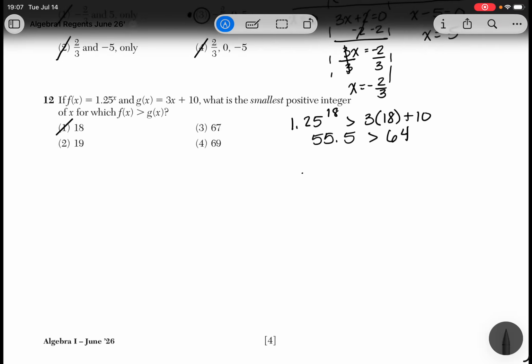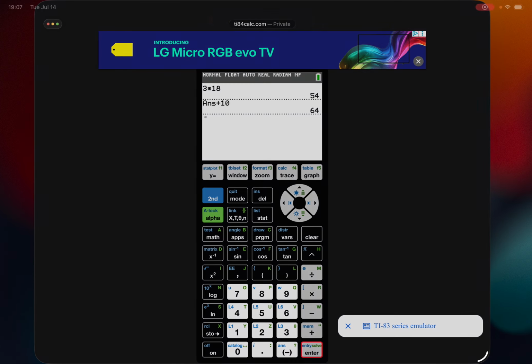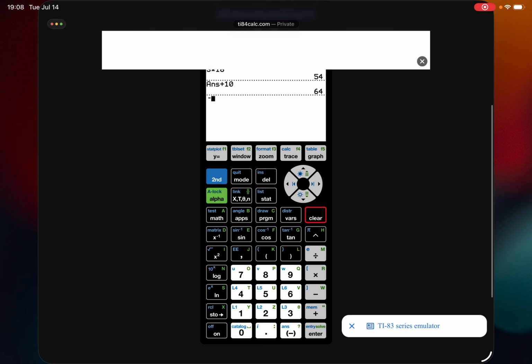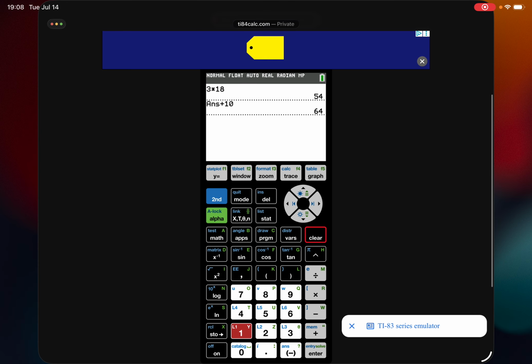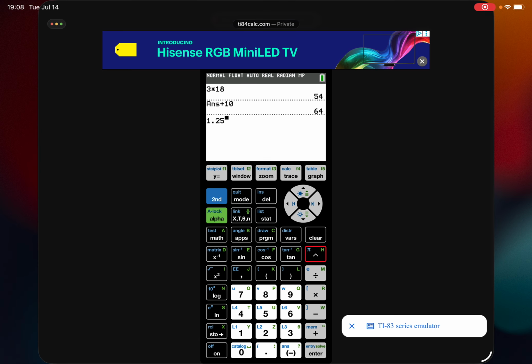Let's get into answer choice 2. Is 1.25 raised to the power of 19 greater than 3 times 19 plus 10? Do the same thing: 1.25, the caret button, 19.